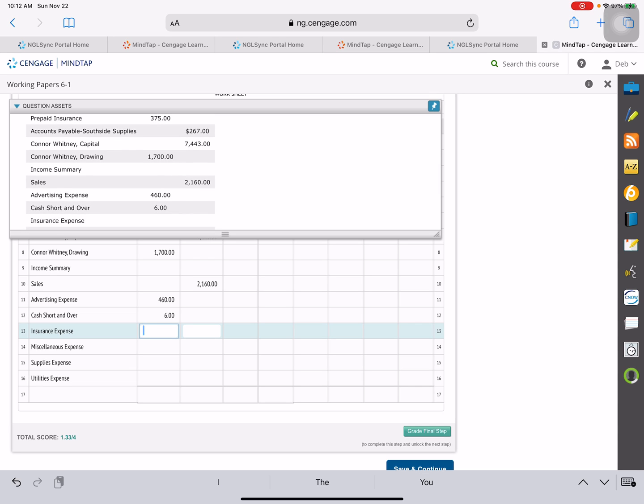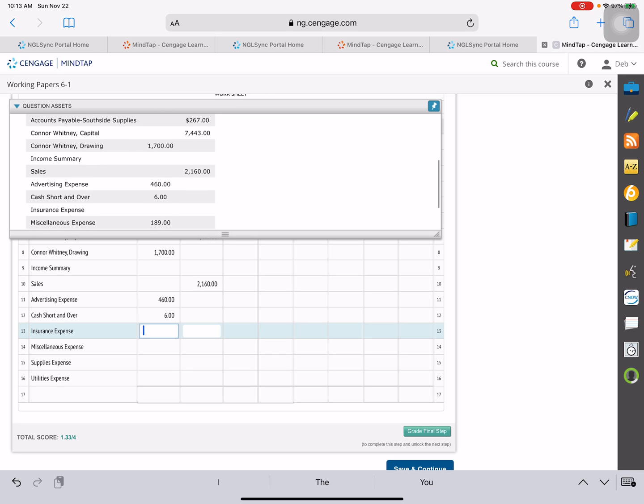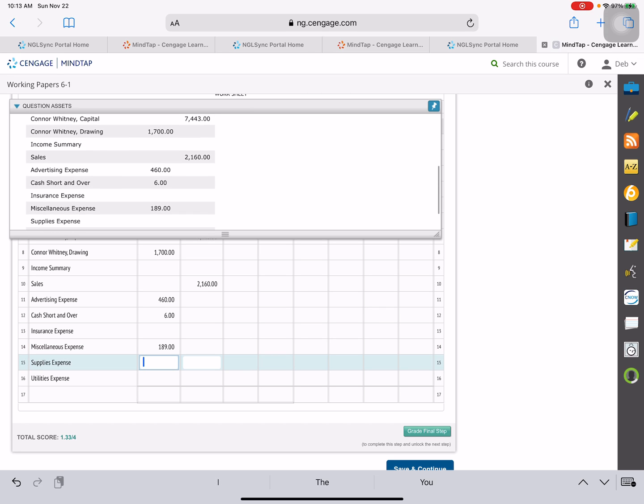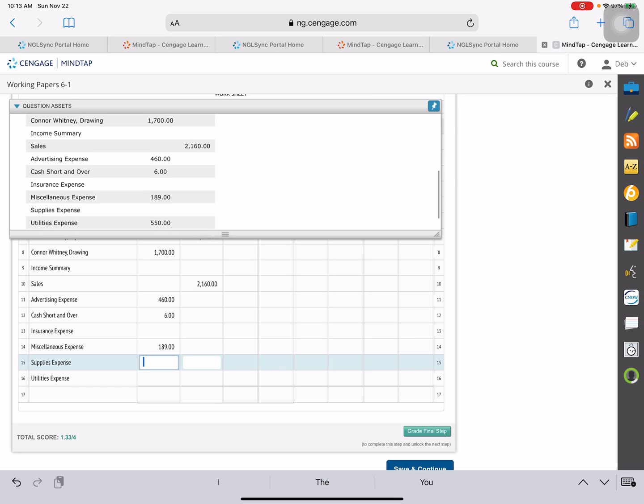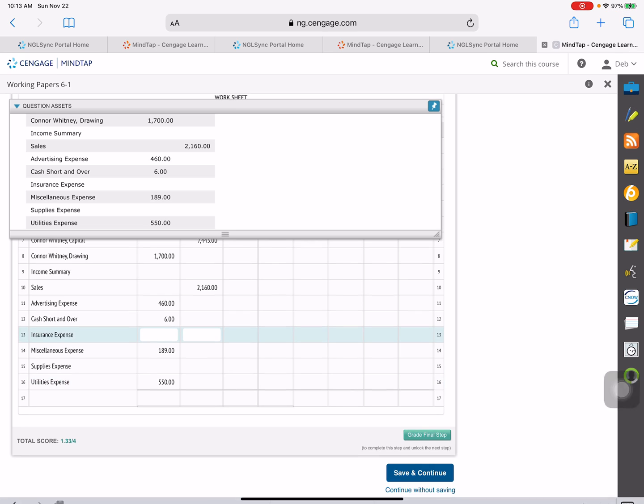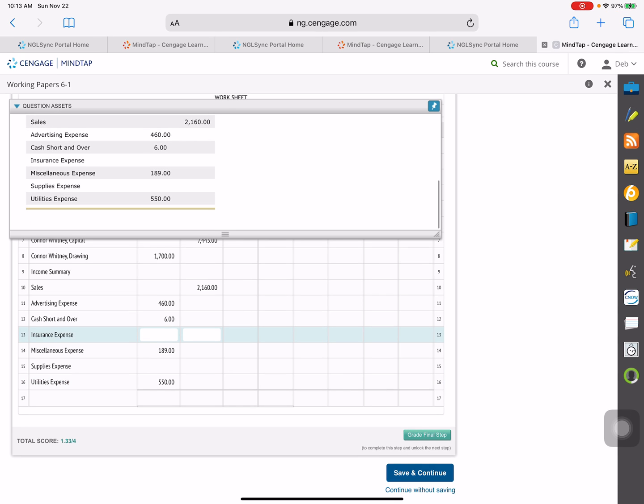Remember, all of your accounts are listed in your account title, and they are listed according to how they fall on the chart of accounts. Miscellaneous expense has a $189 balance. Our supply expense has a 0 balance, so we'll leave that one blank. Utility expense has a $550 balance, and that looks like it.